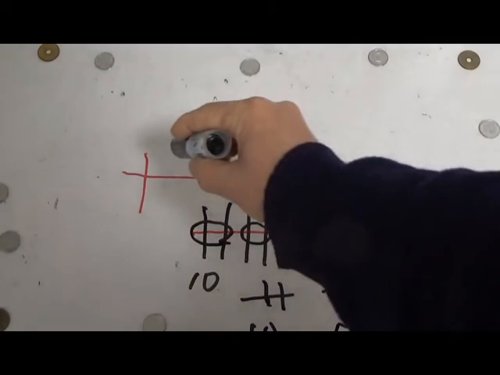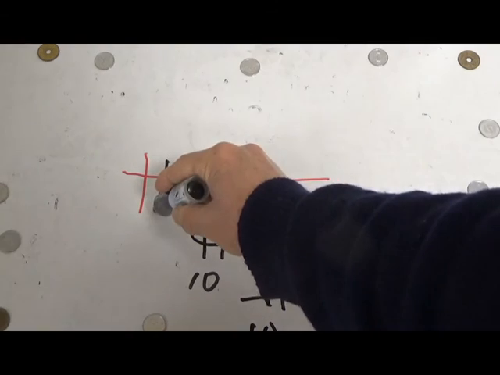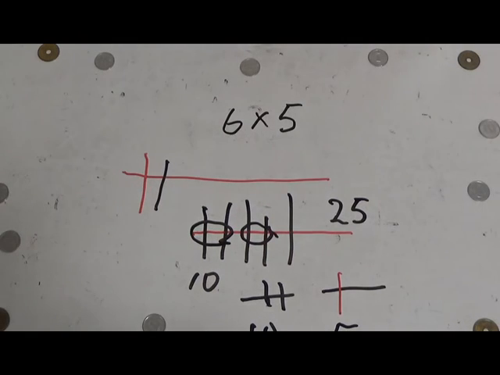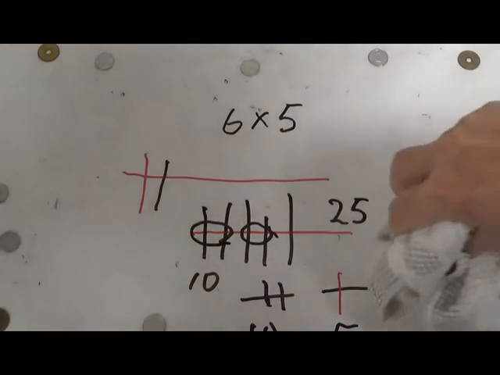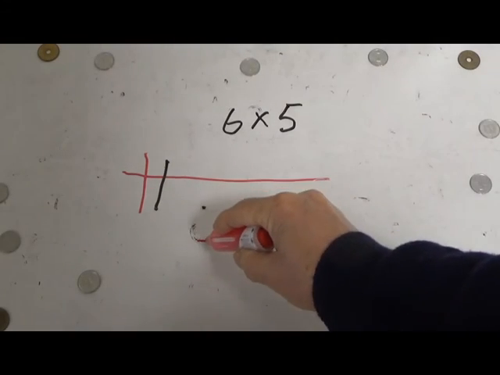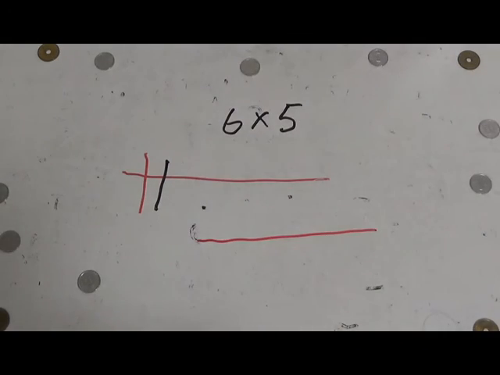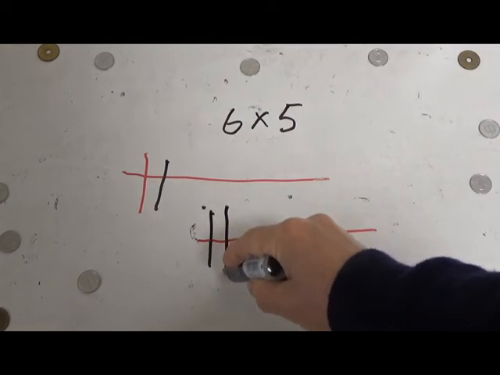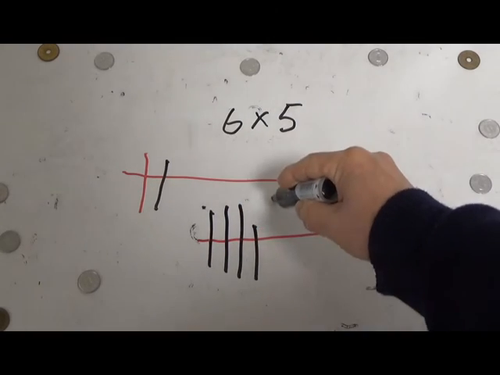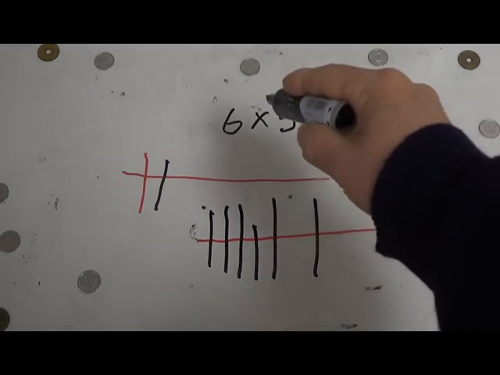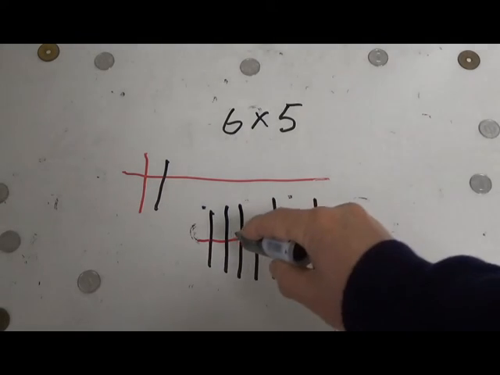Then, what happens next? 6 multiplied by 5. It is also simple if you introduce line 1. 1, 2, 3, 4, 5, 6. And this shows 5 multiplied by 5.